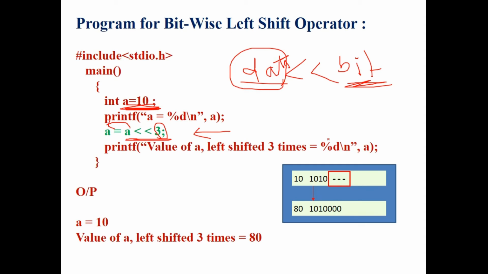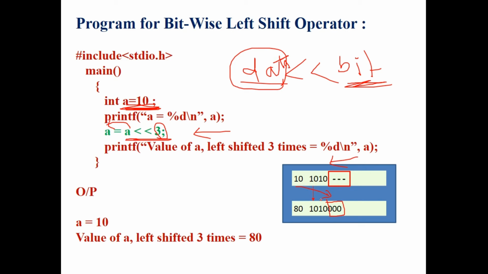So in simple words, if you are shifting any number towards the left by that many bits, just add that many zeros on the LSB part. So here I want to shift this number towards the left by 3 bits, so I will add 3 zeros on the LSB part of my given input. Whatever I get, that will be the final result.